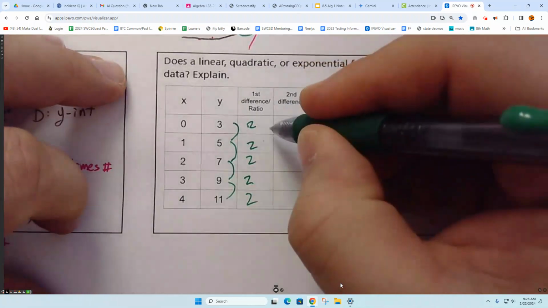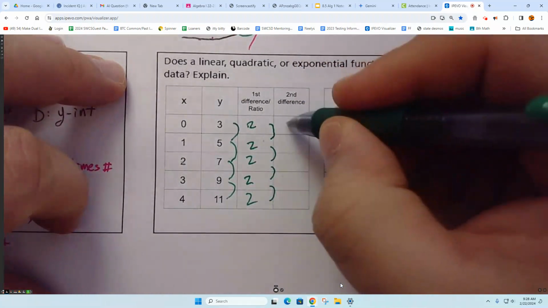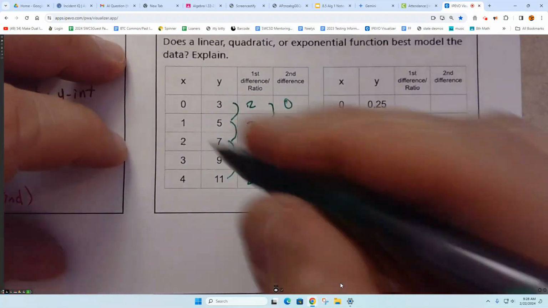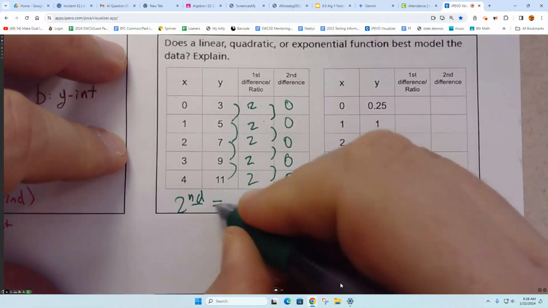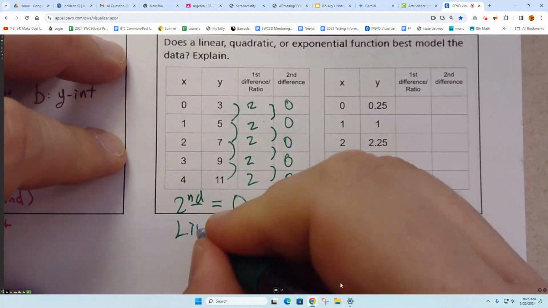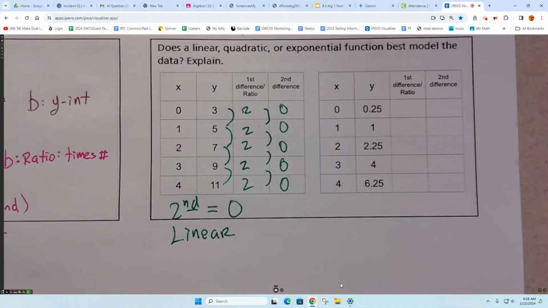Second difference means how much did these change by? 0. If the second difference equals 0, then it's linear. You could see that from the first because it's being added by 2 each time, and that's what linear means.